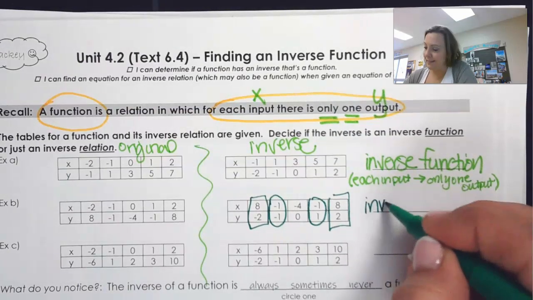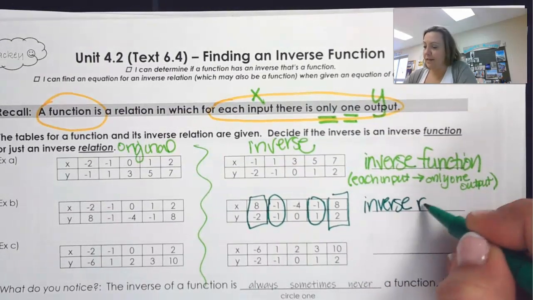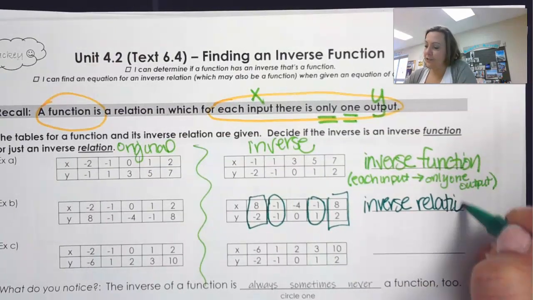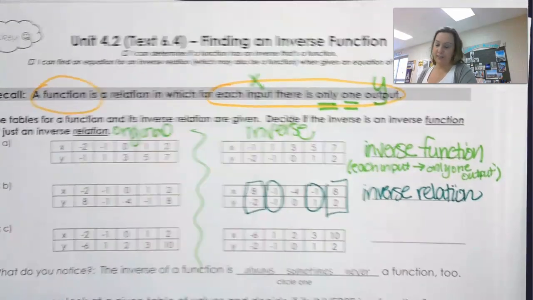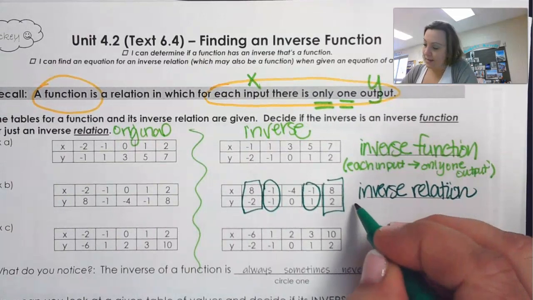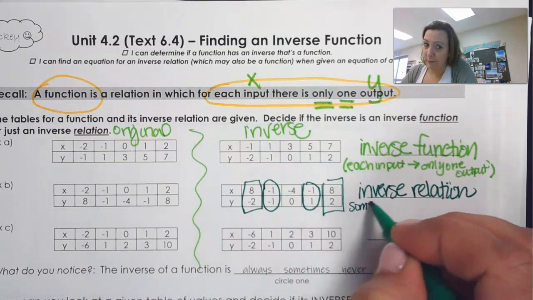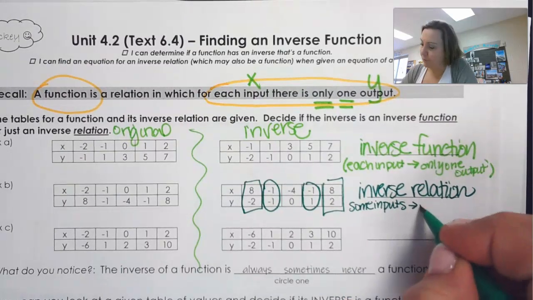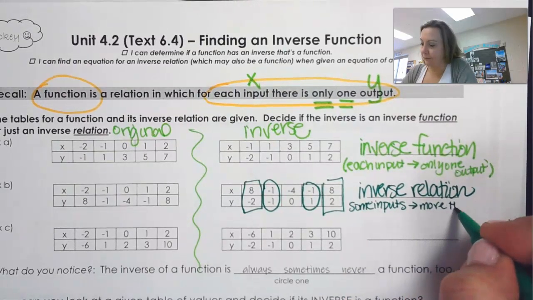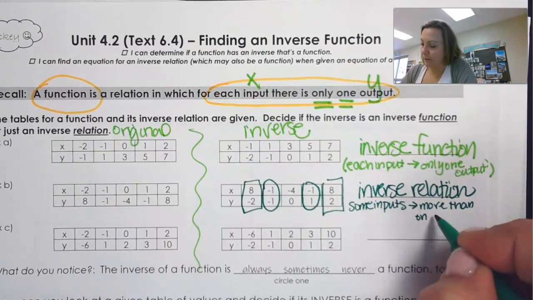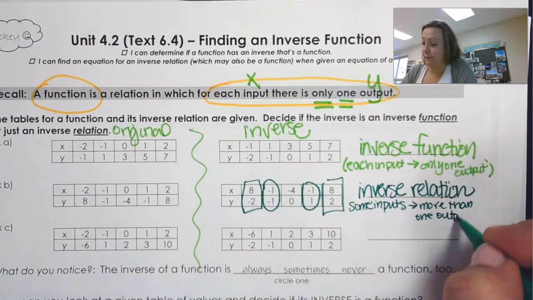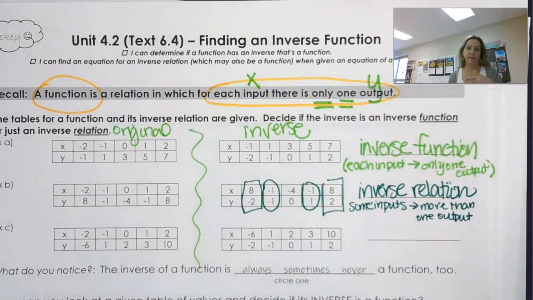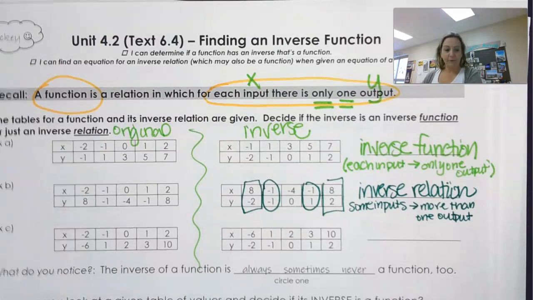That means that this is not a function. It's still an inverse, but it's just an inverse relation. The reason is because some inputs give us more than one output. And even if just one input gives us more than one output, it's not a function.